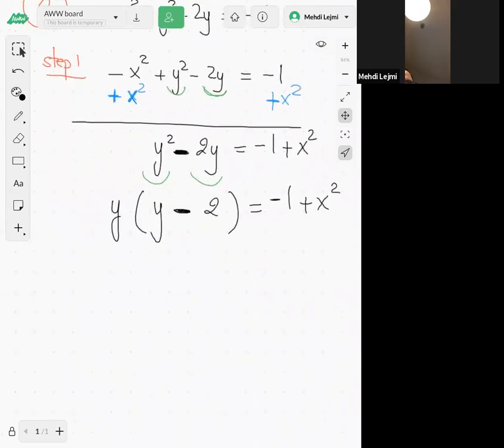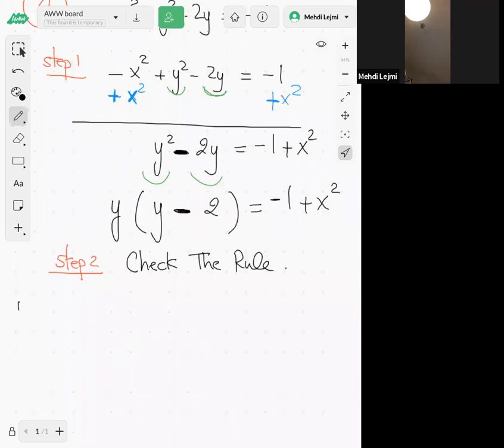For example, step number 2, I'm gonna check if for each input x, I have exactly 1 output. So check the rule. I'm gonna take some random value of x. Probably the simplest value I can take for x would be 0 or 1.